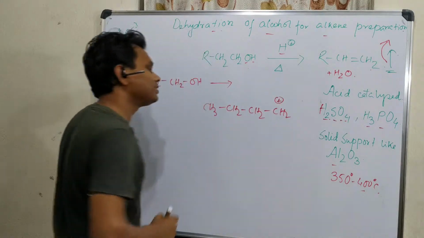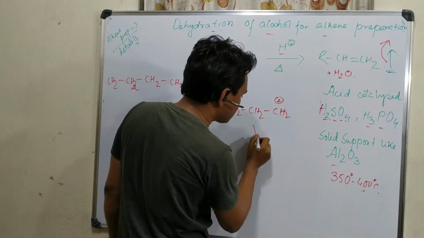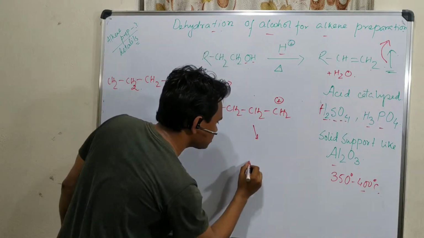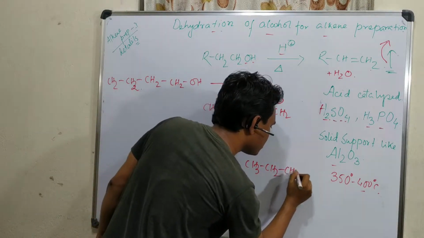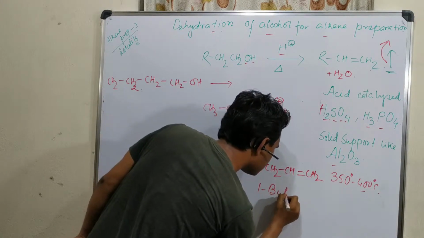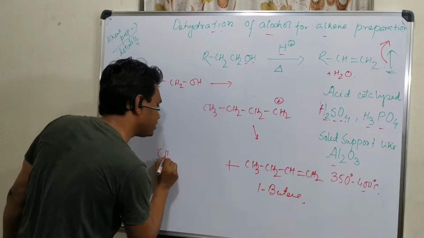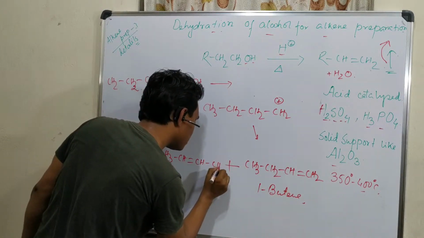This is a carbocation. So it is expected that it will abstract a proton, means hydrogen, from here to produce this 1-butene. But in reality, along with 1-butene, another material is produced, that is 2-butene.